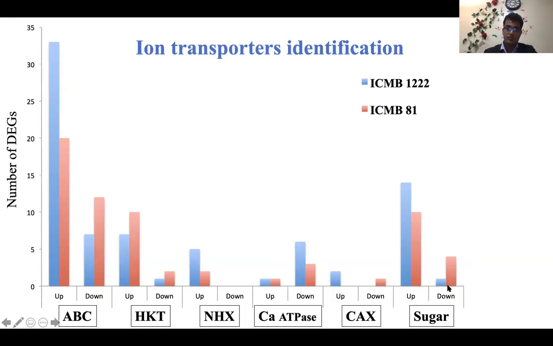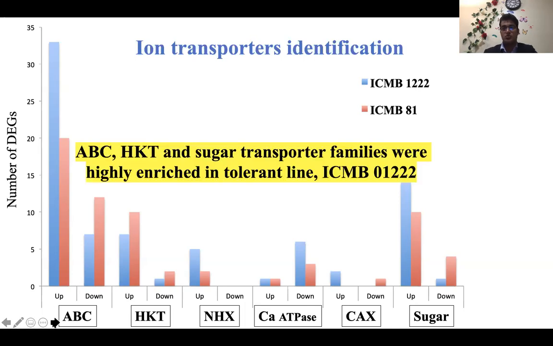So here also, if you see, this shows very high upregulation or very high expression in tolerant line as compared to susceptible lines. So here again, I would like to emphasize that the more the expression, the better the tolerance of that genotype. You can see almost all families showed very high enrichment in tolerant line ICMB0122.